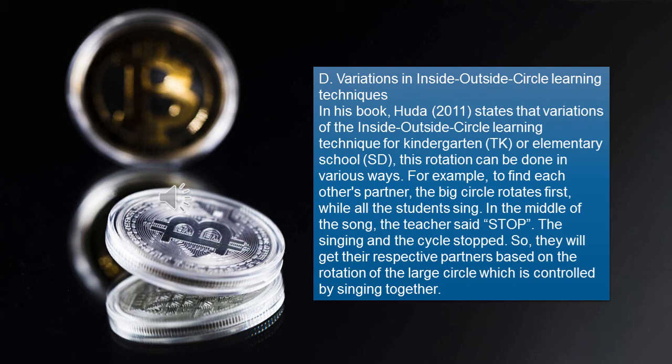In the middle of the song, the teacher says stop. The singing and the circle stop, so they will get their respective partners based on the rotation of the large circle, which is controlled by singing together.